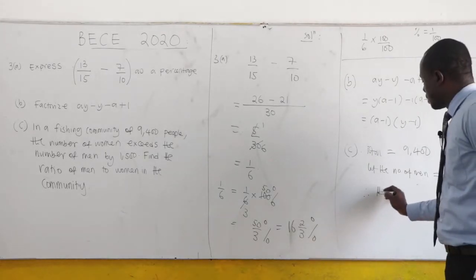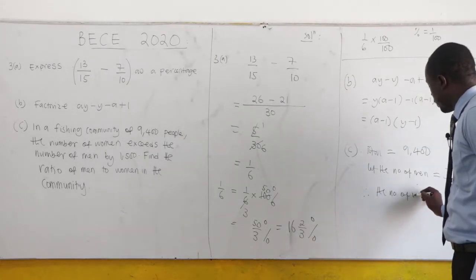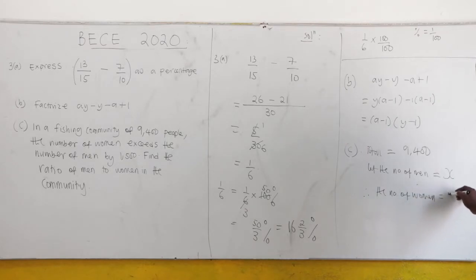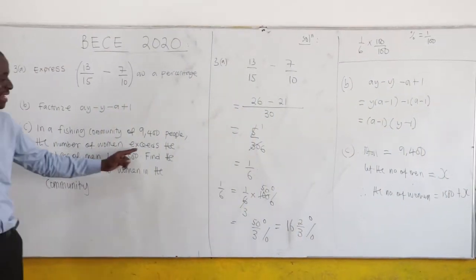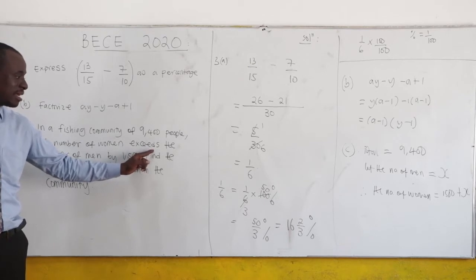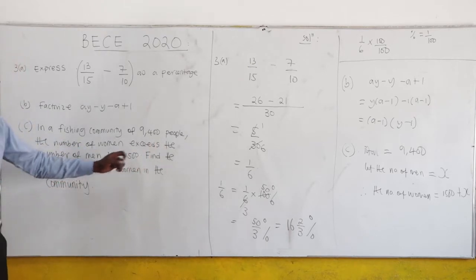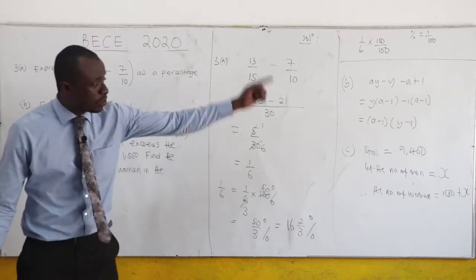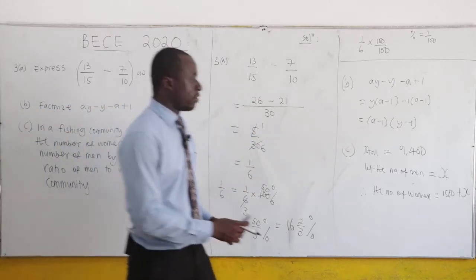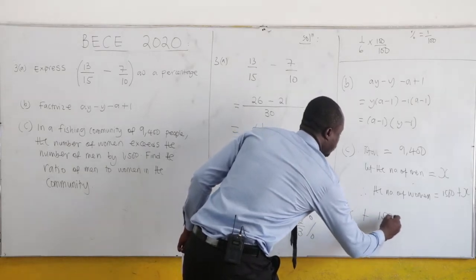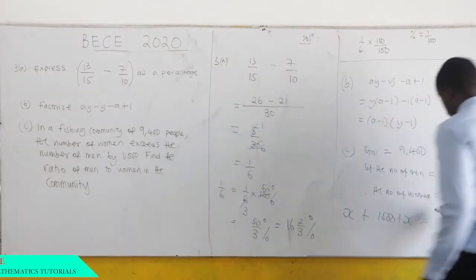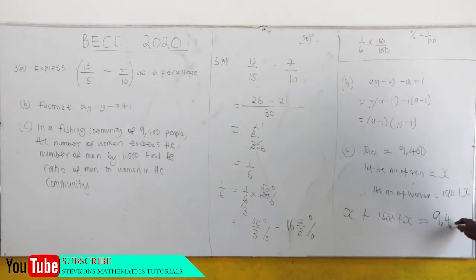Hence, the number of women will be 1,500 plus x, or x plus 1,500. Why? The number of women exceeds, that is more than, the number of men by 1,500. Now what do we know? The total is 9,400. So x plus 1,500 plus x is equal to 9,400. We want to find x.